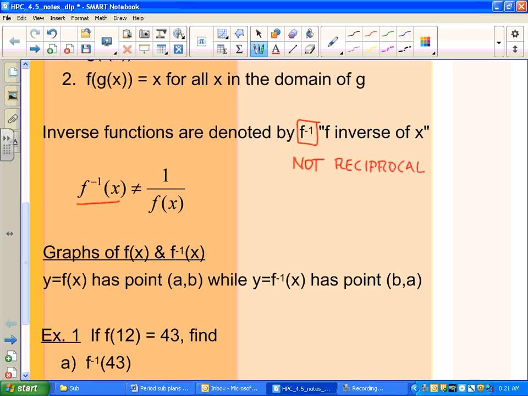On your calculator, you probably have a button that looks like that, or it might even look like this. Those are reciprocal functions on the calculator, not inverse functions. So please don't get them confused. F to the negative 1 of x is what we will use to say I've got an inverse of x.